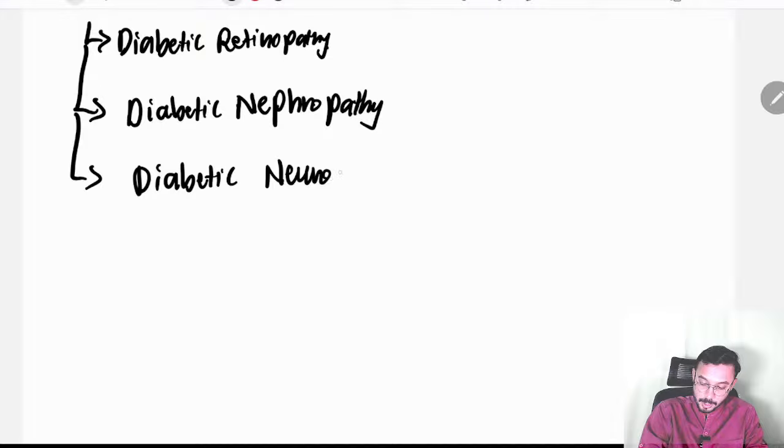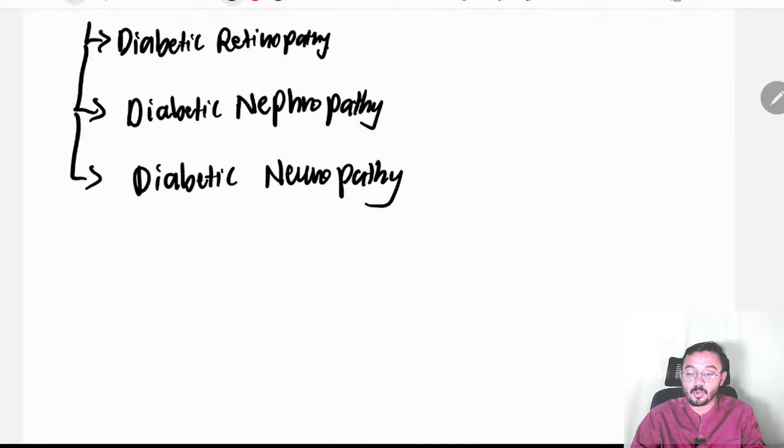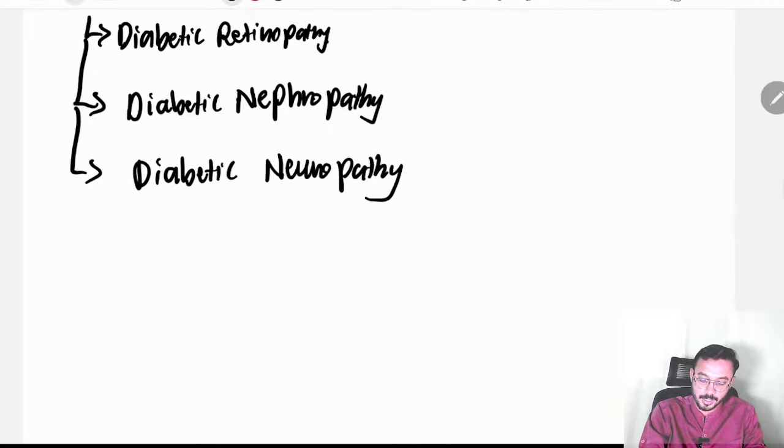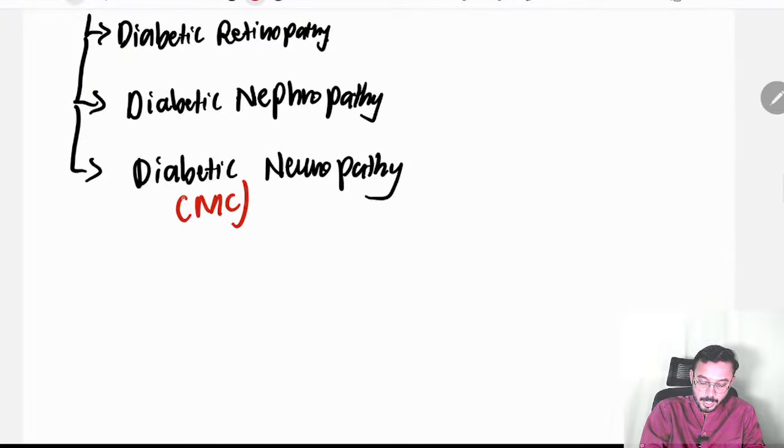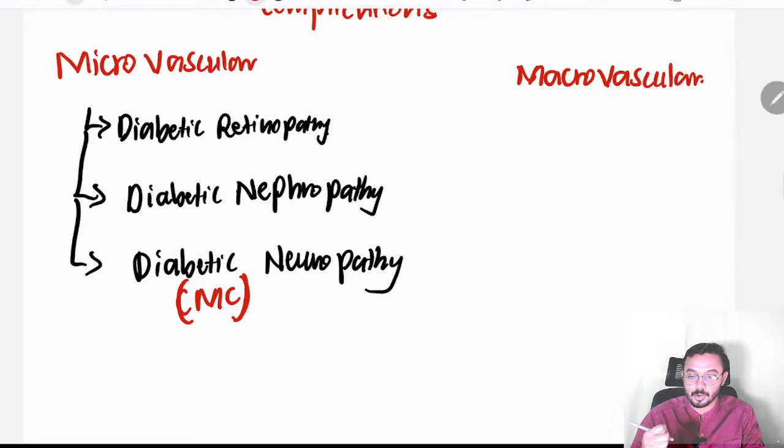These are all microvascular. Among these, overall, the most common complication is diabetic neuropathy, right? This is the most common complication.